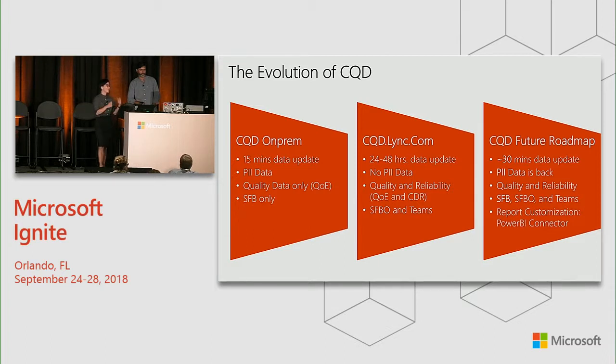And we have quality and reliability updates, including Teams. We have SFB, SFB online, and Teams. You can probably already see some of the on-prem federated calling available already. But with the SFB on-prem connector, you will get both. So see how excited I am?